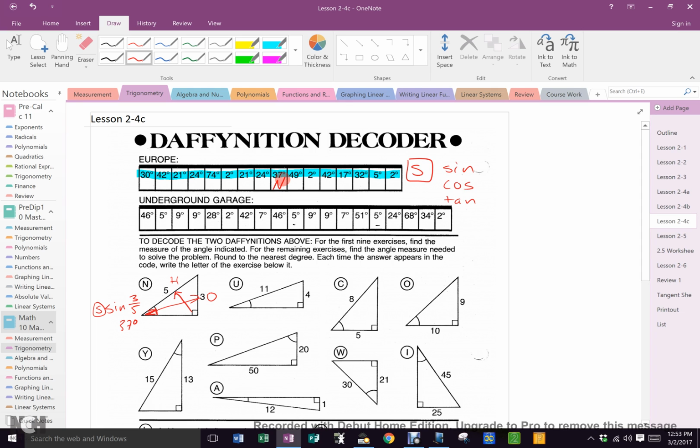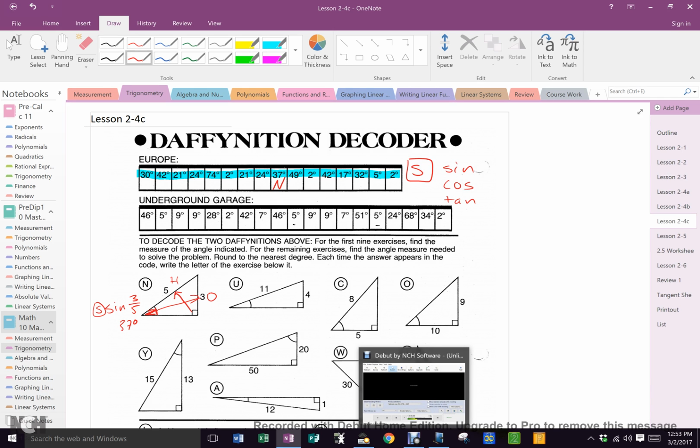Okay. Nothing new. 3 pages of trig practice, because practice makes you good. It doesn't make you perfect. It makes you good. Do it. You've got 27 minutes to do this.